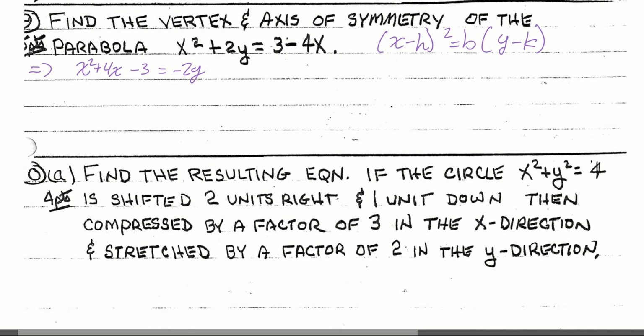So we take half of 4, which is 2, square 2, which is 4. So we're going to have x squared plus 4x plus 4 minus 4 minus 3. So right here is our form of 0.